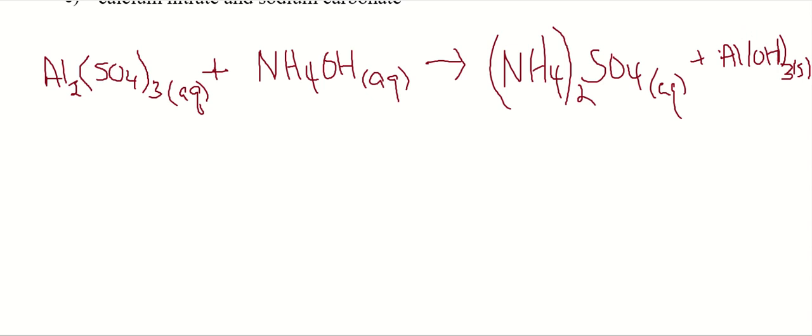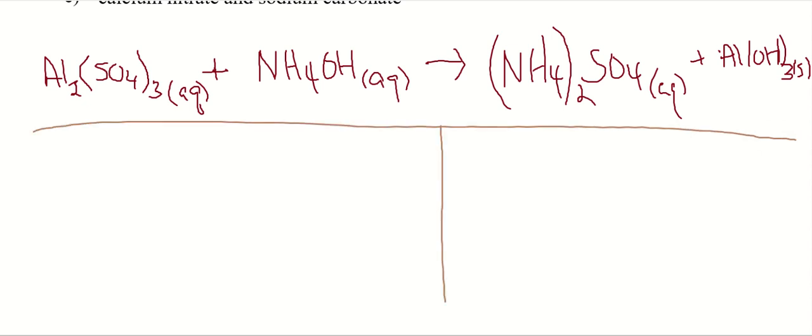Okay, so let's show our work here. Aluminum, there's 2 on the reactant side. Polyatomic ions oftentimes are not going to change. So in other words, SO4 is going to remain the same on both sides.